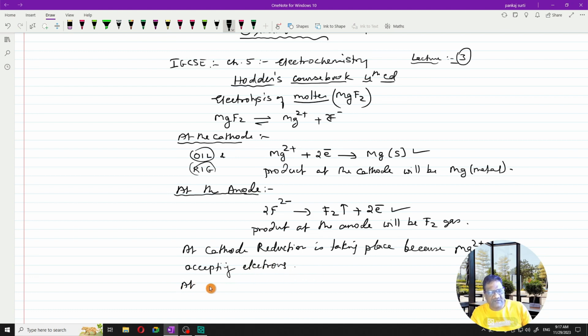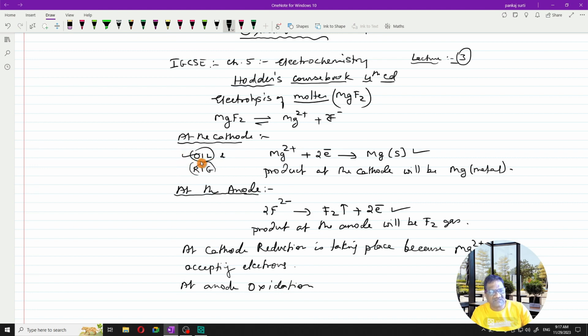And at the anode, what is happening? At the anode you can see this fluoride ion is giving away its electrons to the anode, and in the process it is getting converted into fluorine gas. So at the anode, oxidation is taking place because loss of electrons is nothing but oxidation. Can you see here?